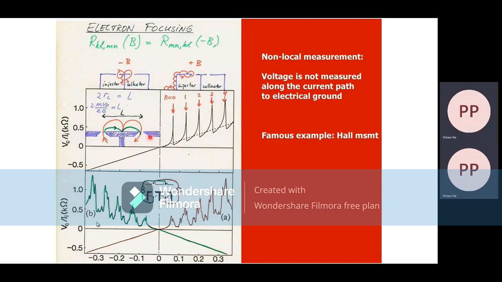So this was an example of classical ballistic transport effect, for which ballistic transport of the electrons is essential to observe these effects. It's a really beautiful demonstration of ballistic transport.